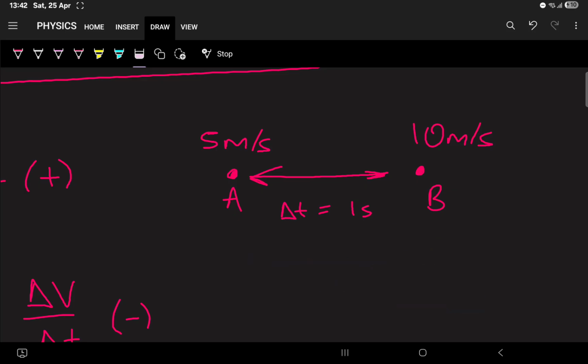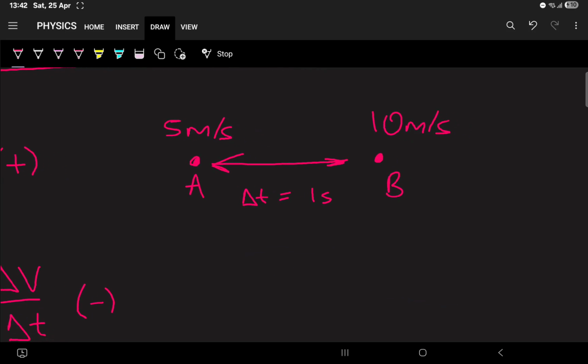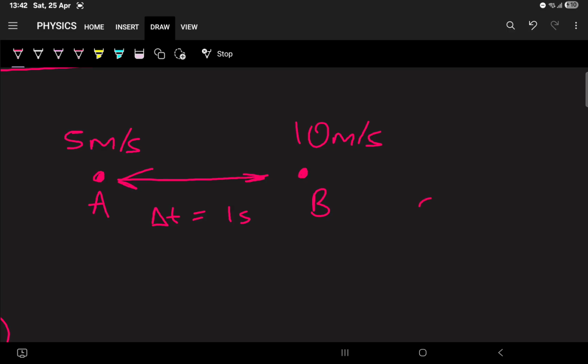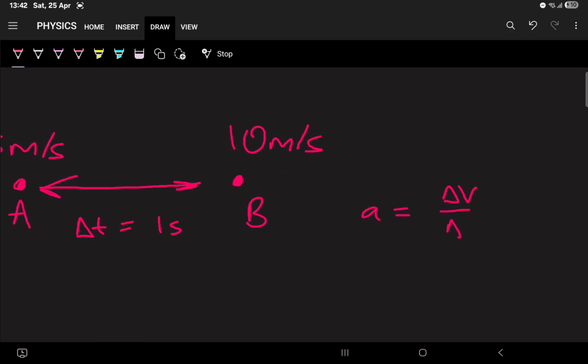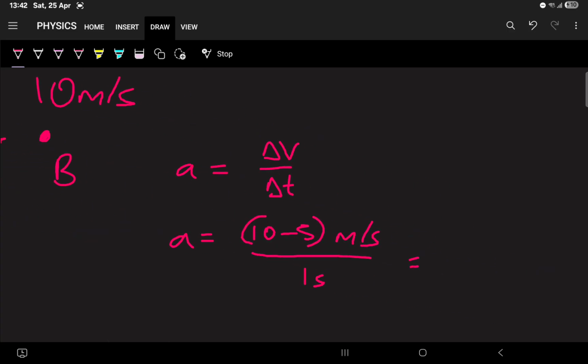So that being said, we define acceleration to be change in velocity over change in time, or the time interval. Now our change in velocity is going to be 10 minus 5 meters per second, and our time interval as given is 1 second. So this is going to be 5 over 1.